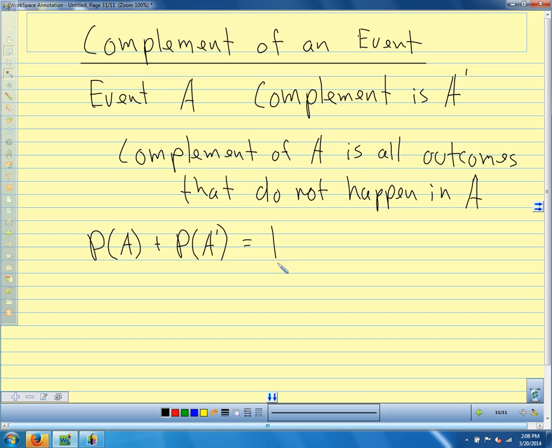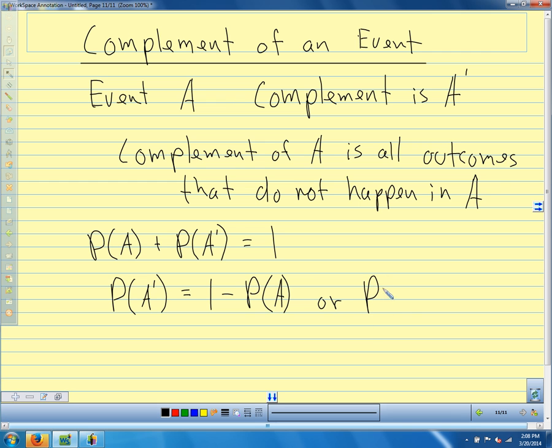And sometimes it's easier to calculate the probability of the complement than it is to calculate the probability of the original event. So we can say the probability of the complement is 1 minus the probability of the original event.